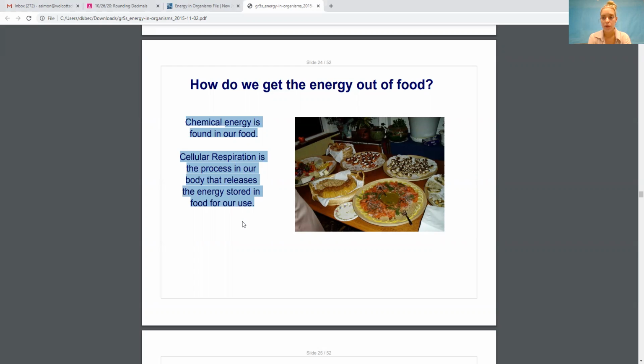So today, that's what we're going to focus on. We're focusing on cellular respiration. Again, cellular respiration is the process in which our body releases energy stored in food. Okay, so cellular respiration allows our body to get the energy.